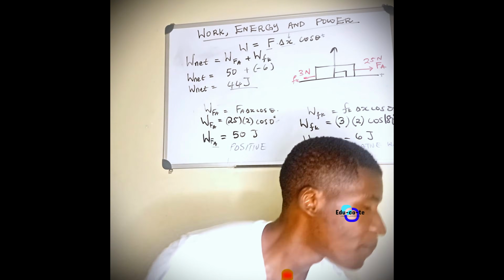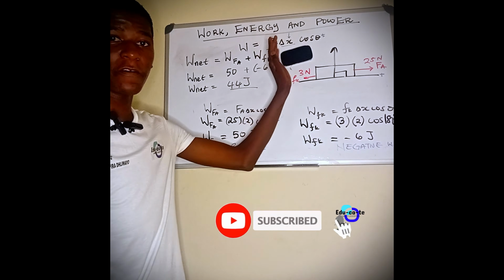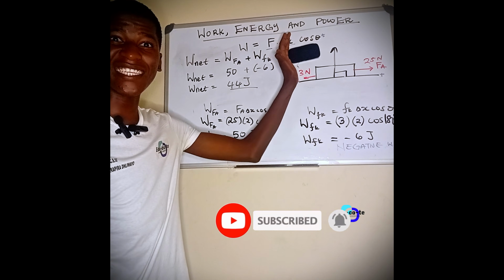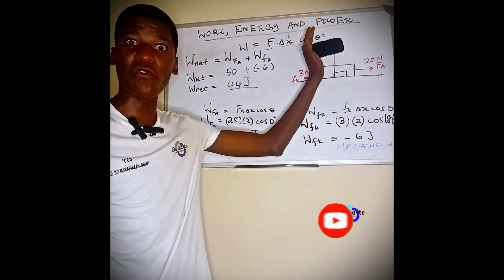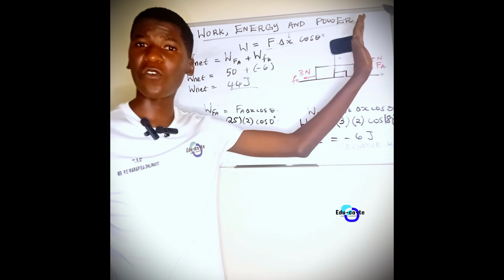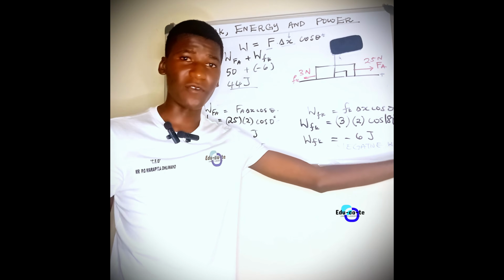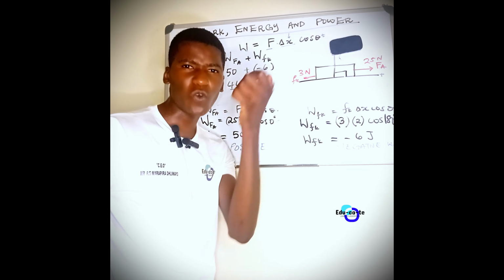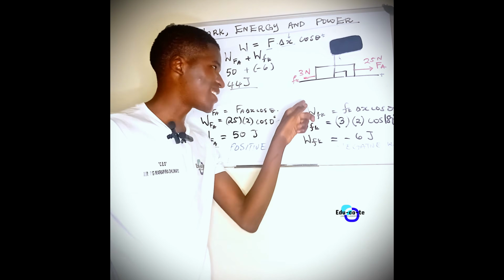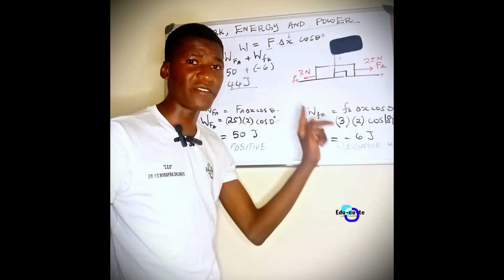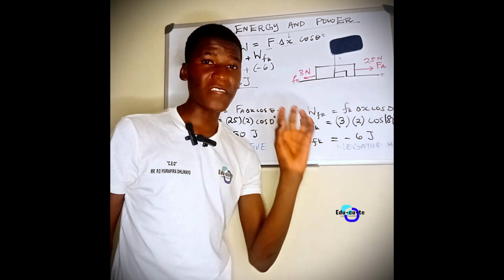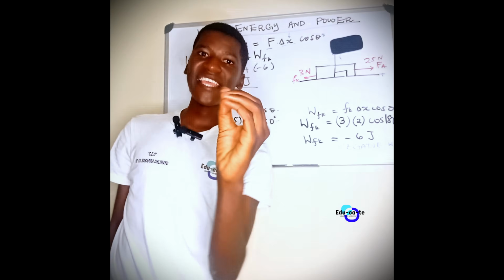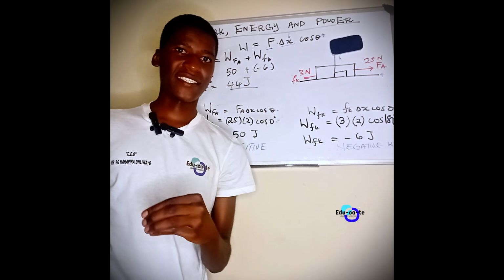So the moment you cut off that applied force, the object will stop. It's because now the frictional force is the one that is left alone and sucks all the energy from the object so that it brings it to rest. Remember, we say that the negative work of the frictional force aims to bring the object to rest.